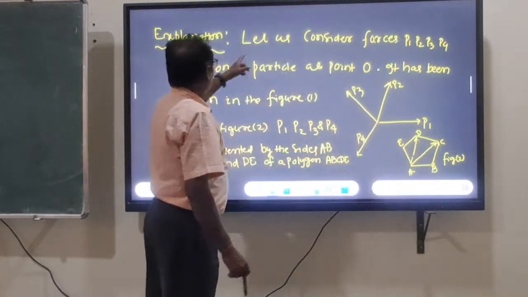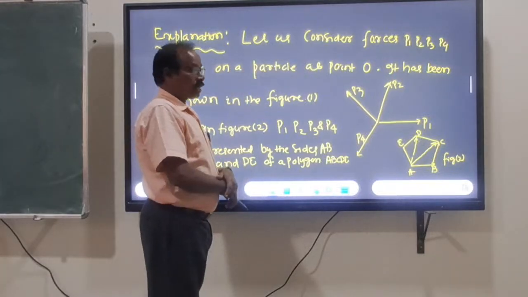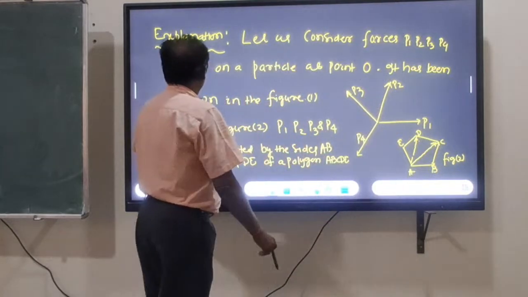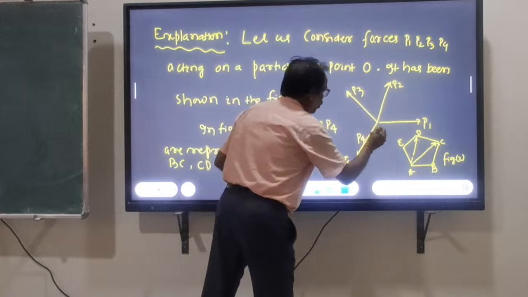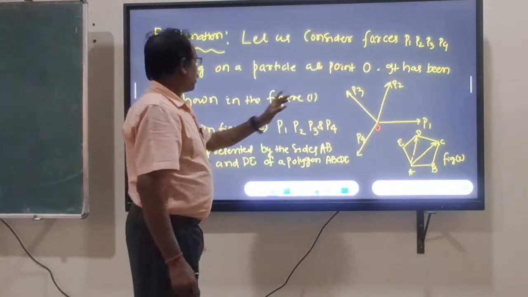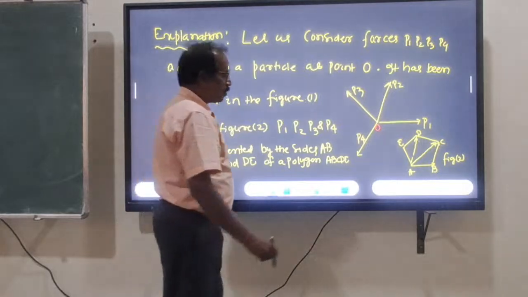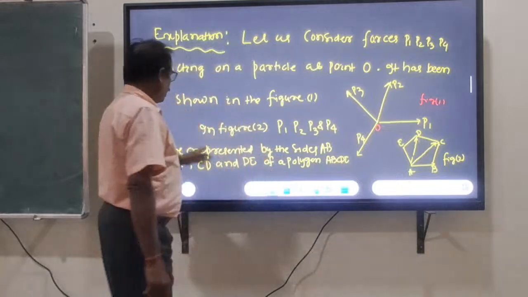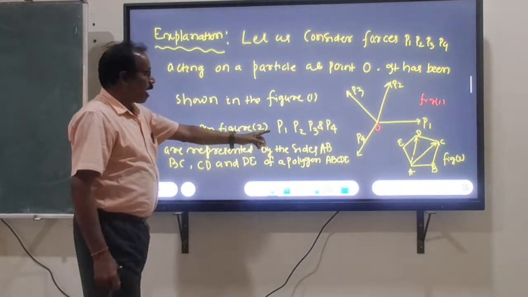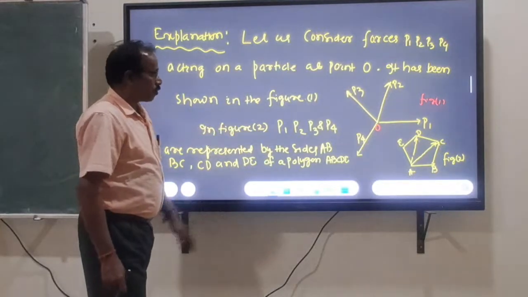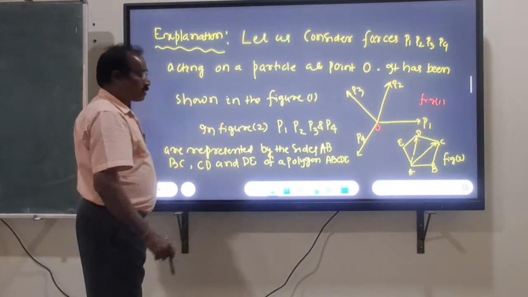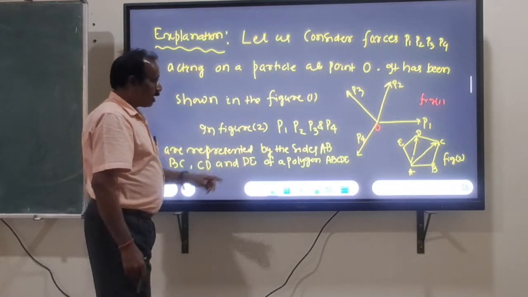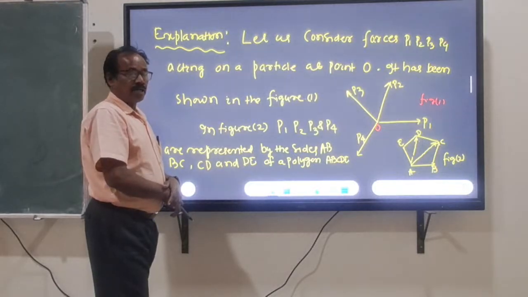First, let us consider four forces, that is P1, P2, P3 and P4 acting on a particle O. It has been shown in the diagram, figure 1. In figure 2, P1, P2, P3 and P4 are represented by the sides AB, BC, CD and DE of a polygon ABCDE.